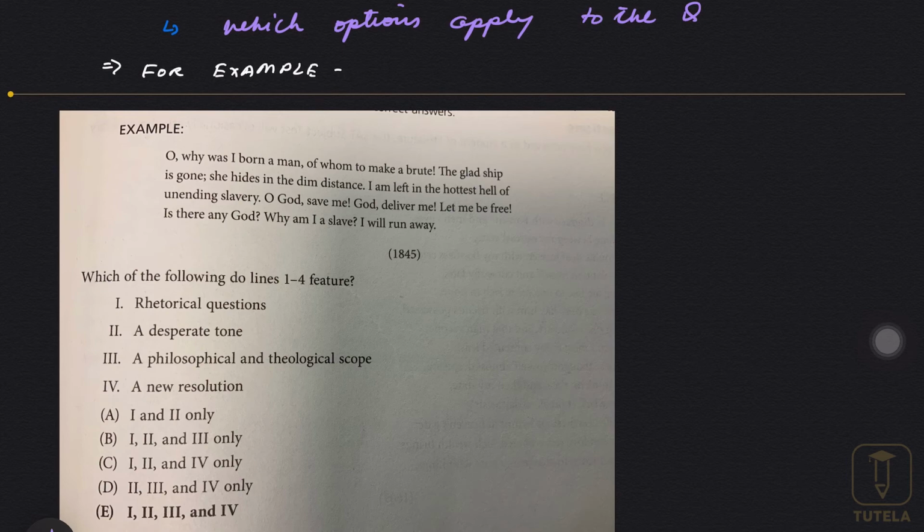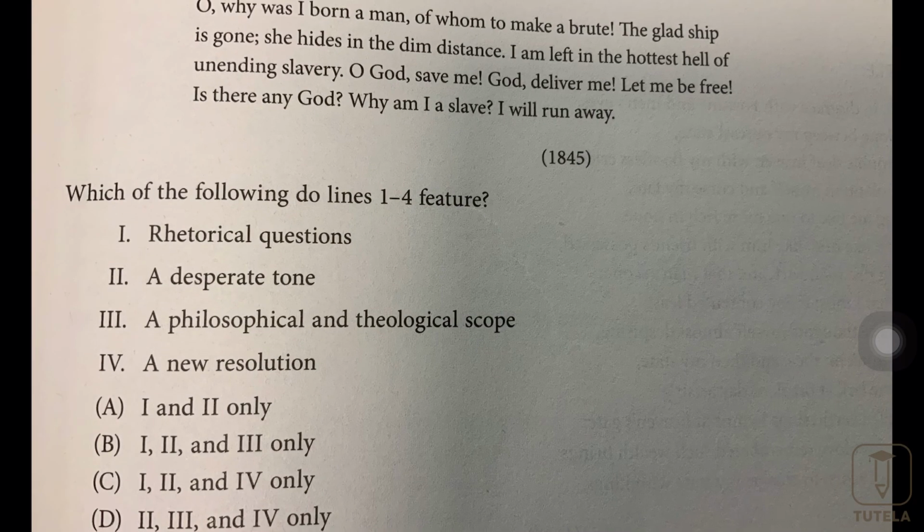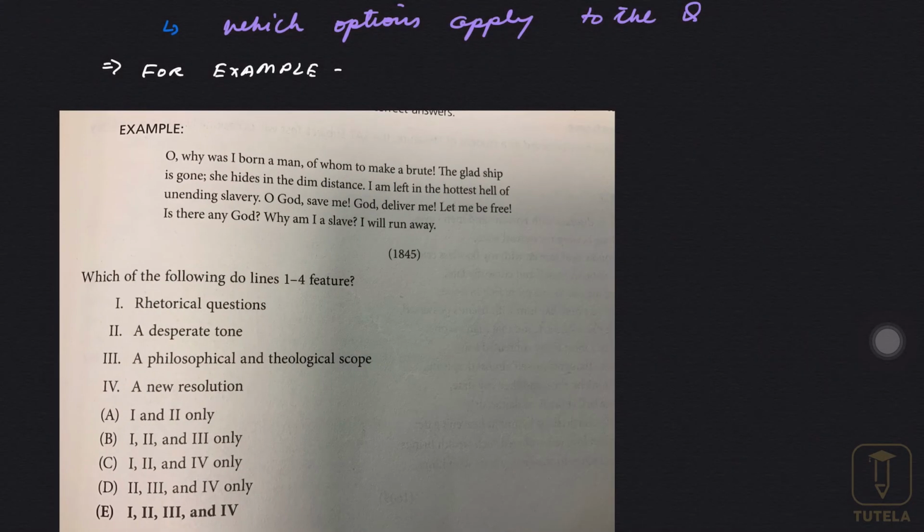As you can see, we have 4 options given in Roman numerals, and the answer choices include a combination of these 4 options. You will have to understand and gain context, and then select an option which applies. In this case, the right option is option E.